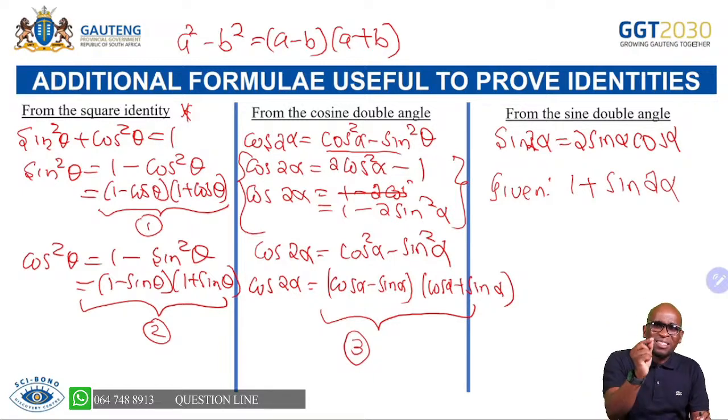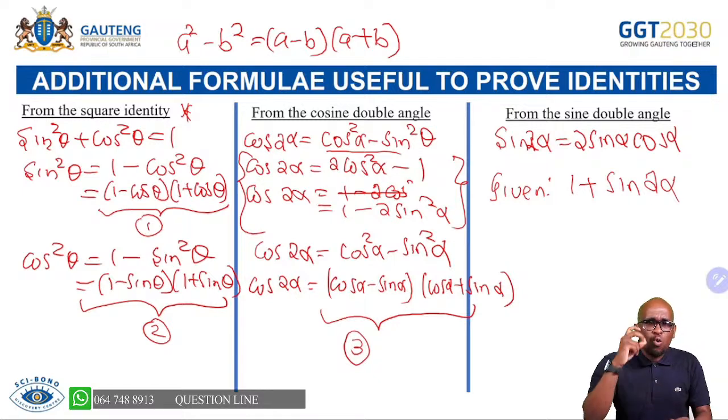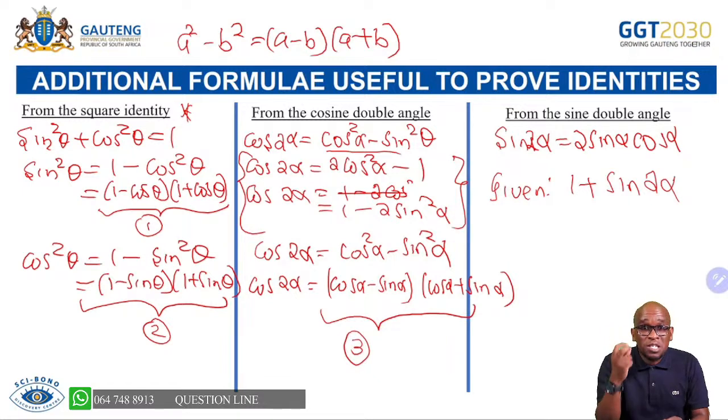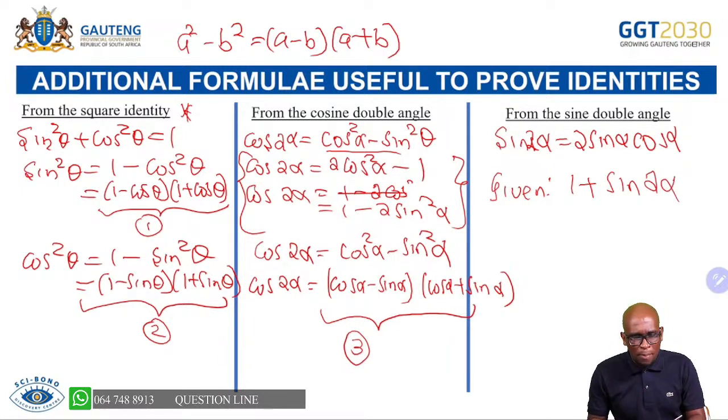If it happens that they give you that, please do think about what I refer to as the hidden perfect square trinomial. I'll show you how it works, but I need you to always be vigilant when you work with identities, because at times you'll find that you are supposed to be using this concept where you are extracting the hidden perfect square trinomial. How do you go about that?